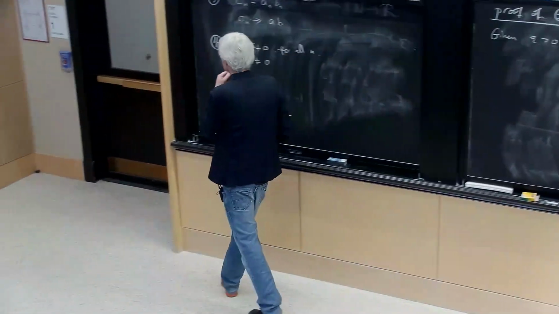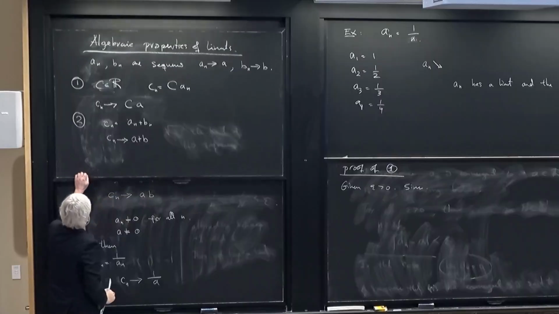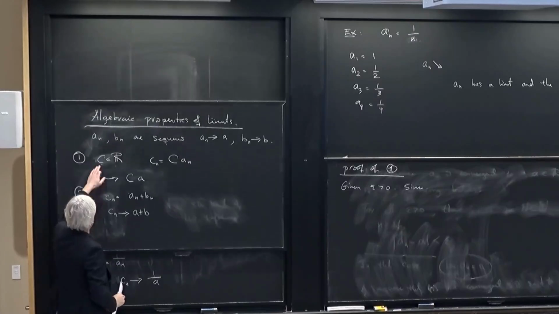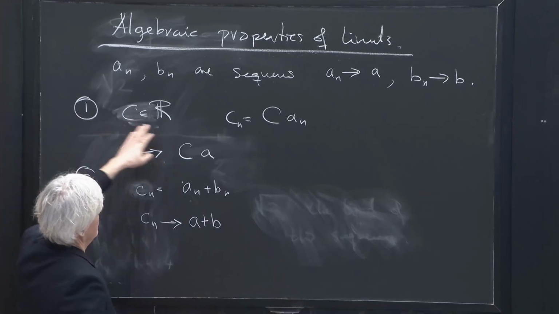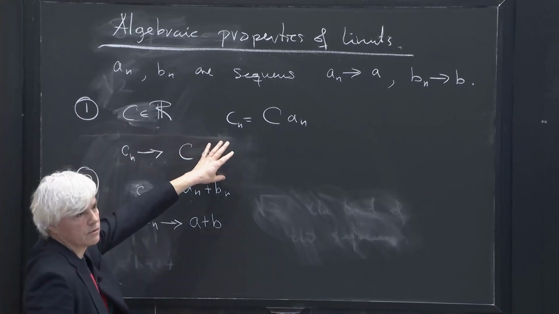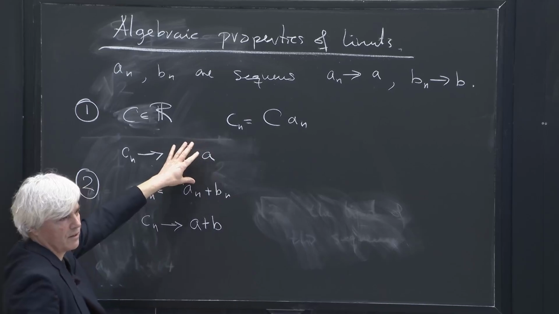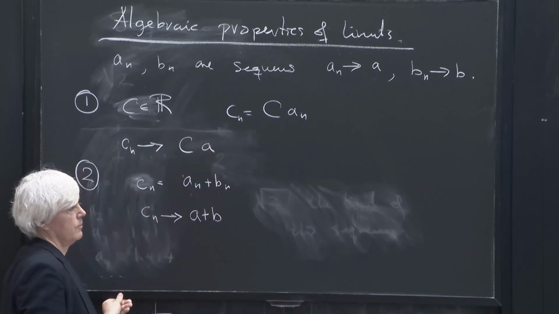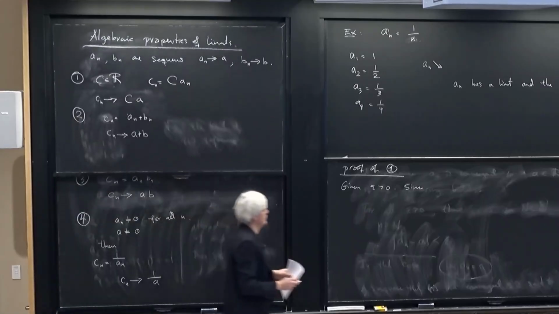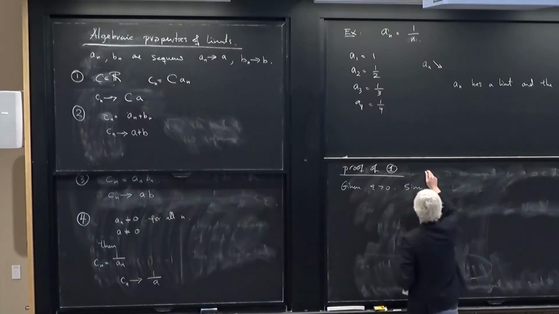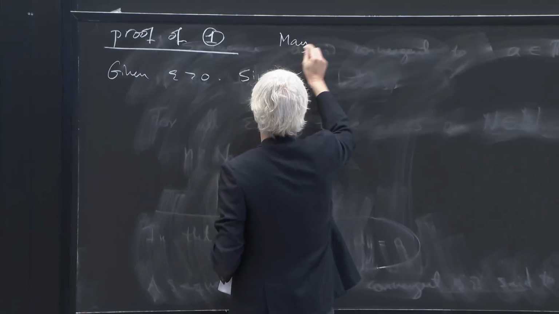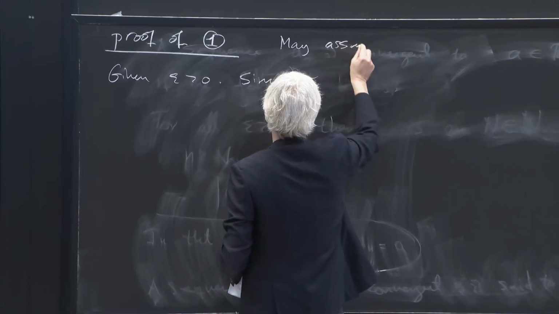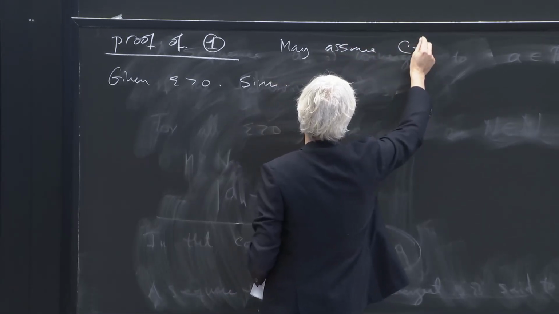First of all, of course, if this capital C is 0, then everything is 0, so it's trivially the case. So we may as well assume that capital C is not 0.